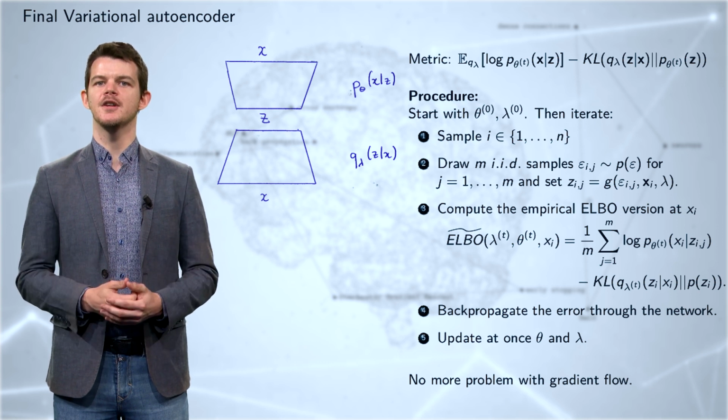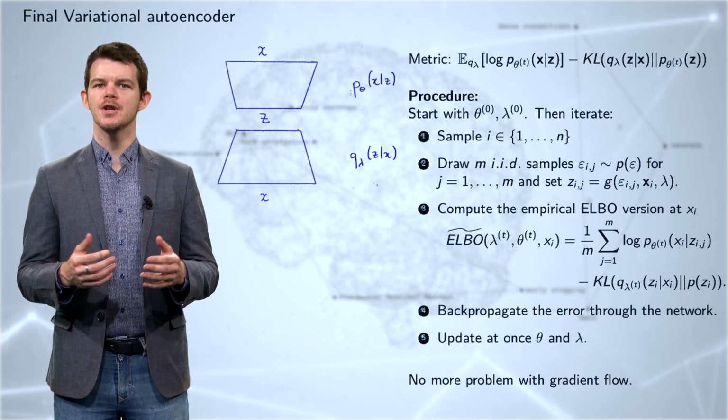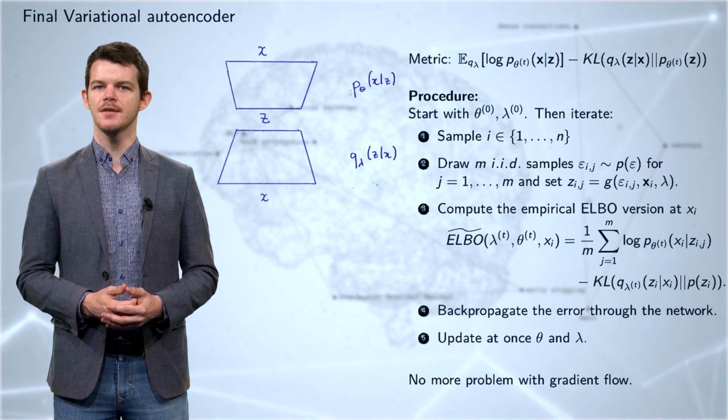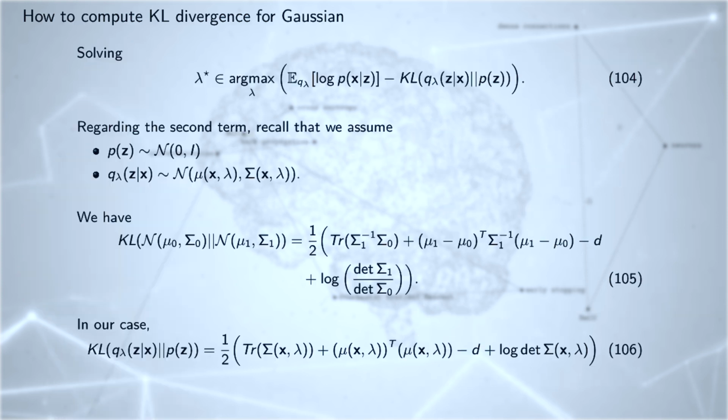To conclude this presentation of VAE, we just need to mention how we can compute the KL divergence in the ELBO. We want to solve the above problem. The major result we use is the one in equation 105, which computes the KL divergence between two Gaussian vectors. Since all our distributions are Gaussian, the one output by the encoder and the one output by the decoder, we can directly use this result.